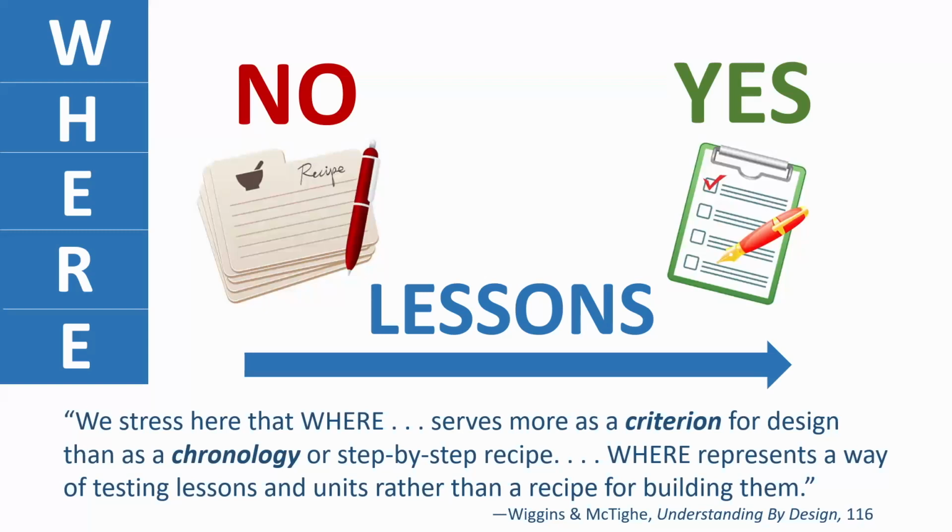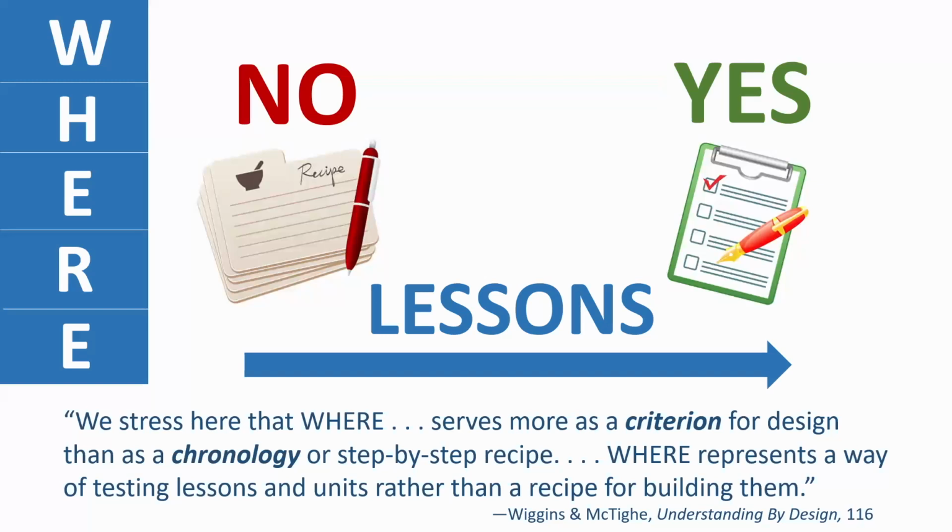In other words, every individual class doesn't necessarily move through it in order. And this is hard for me because it works well to move W-H-E-R-E, but it doesn't always. In fact, the hook is often the best way in.